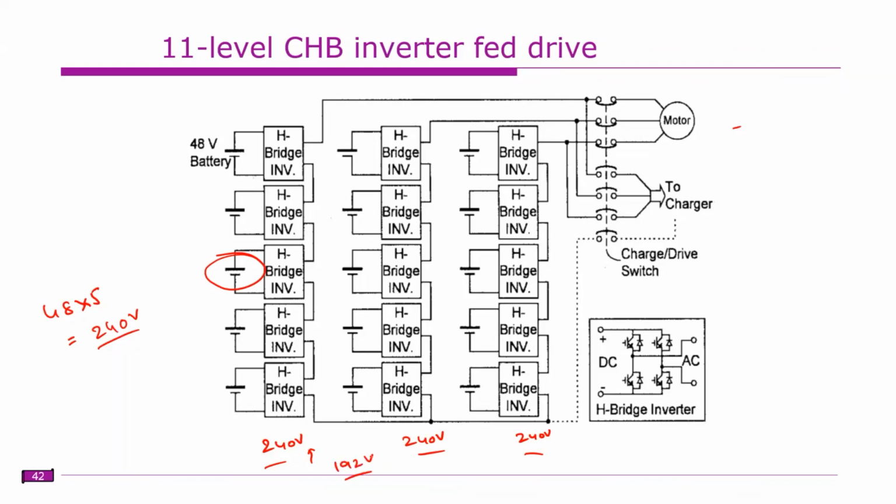This one is producing 192 volts, but the rest are producing 240 volts, so that is creating some unbalance. If you feed an unbalanced supply, eventually you can observe some pulsations in the torque and some pulsations in the speed.